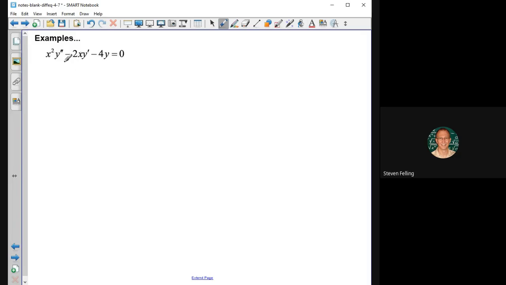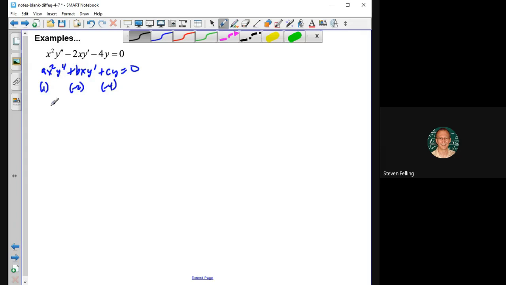So this is in the right form. It's got to be ax squared second derivative plus bx first derivative plus cy equals 0. So it looks like my a is 1 here, my b is -2, and my c is -4, right? So then you have to use the memorized form of the auxiliary equation, which is am squared plus (b minus a)m plus c equals 0.